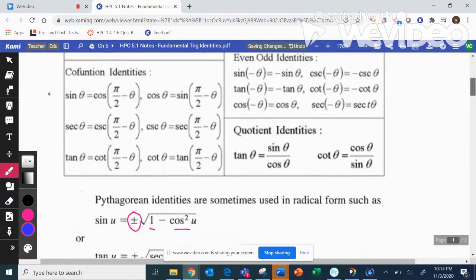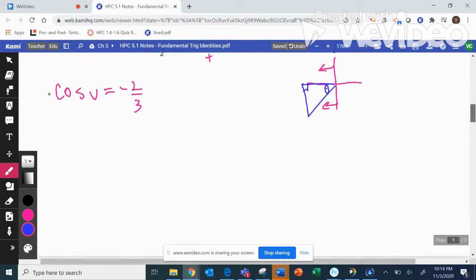I'm going to use that one. And I'm going to plug in what cosine is. So cosine theta is negative 2/3. And then we're going to square that.